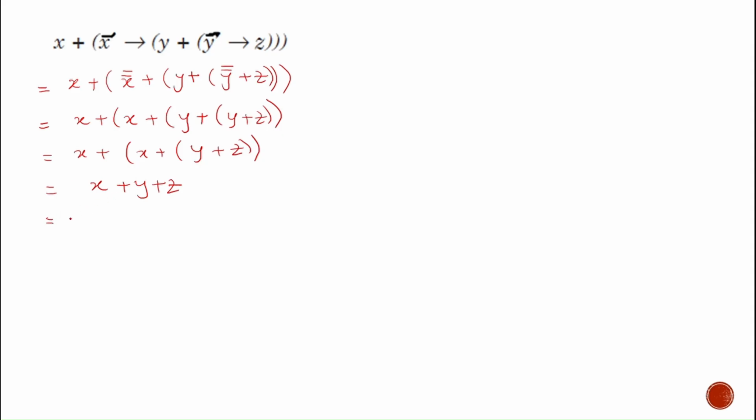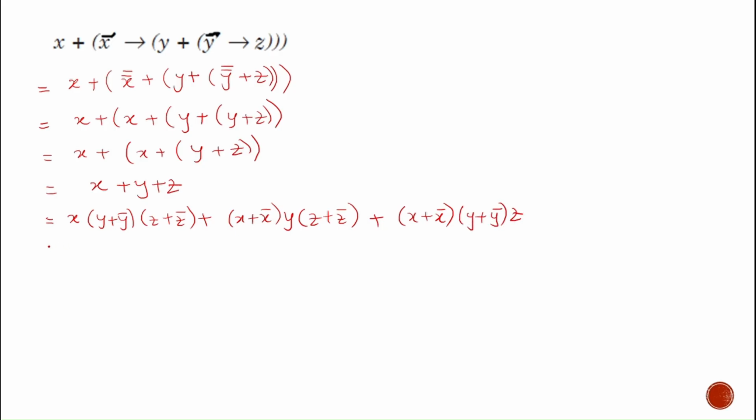Now this is the sum of 3 terms, but it is not a sum of product expansion, so we introduce the missing variables. We multiply by 1 and write it as y plus y bar, z plus z bar, plus x bar times y into z plus z bar, and plus x bar y plus y bar times z.